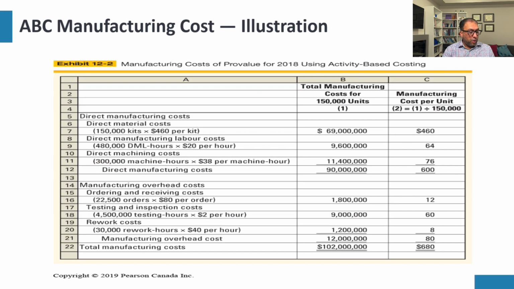Now, here is an example of ABC manufacturing cost of a product for 2018 using activity-based costing.